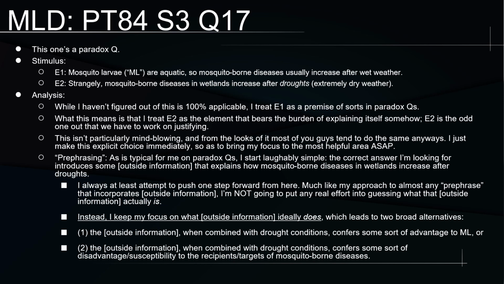So either mosquitoes are assisted in doing their disease spreading job better, or the people, animals, whatever, getting diseases become weakened by drought somehow and become more susceptible. Those seem to be the two broad possibilities. So again, I don't know what outside information is going to be relevant. I'm not limiting myself to any particular scenarios, but I do understand what that outside information, whatever they choose to make it, has to perform one of these two tasks on some level.